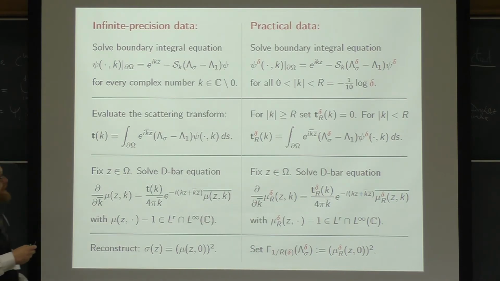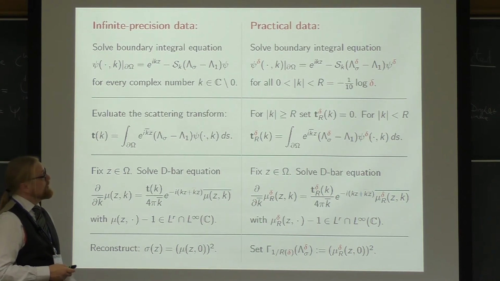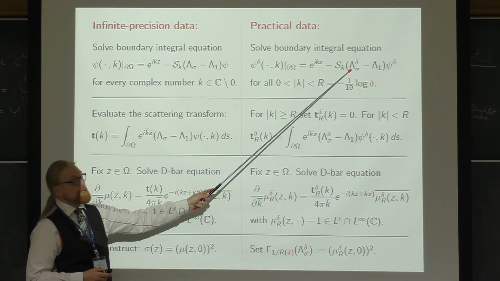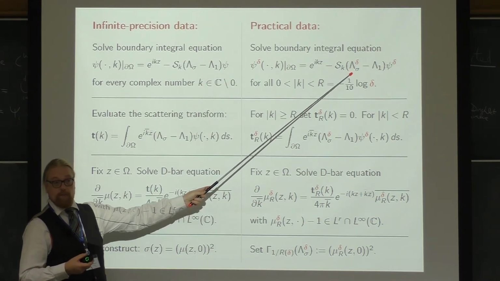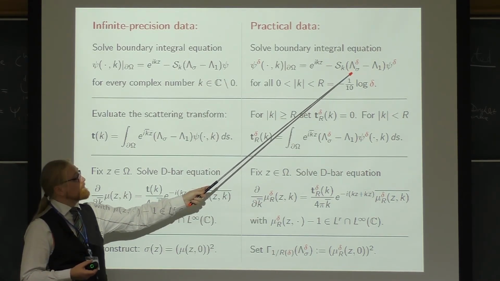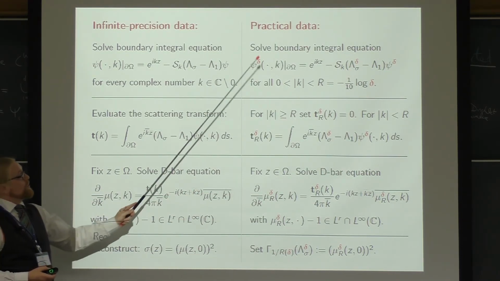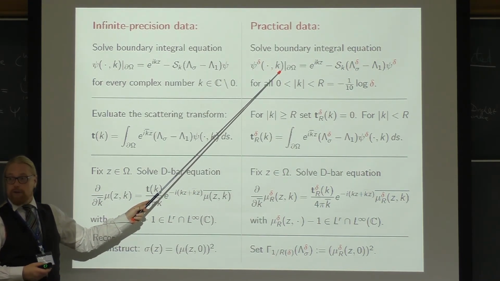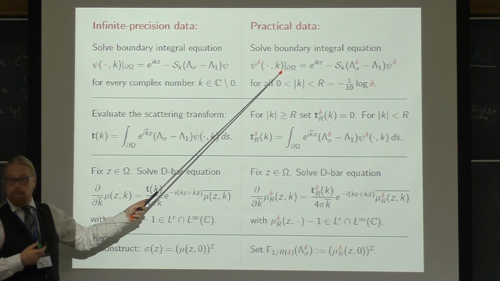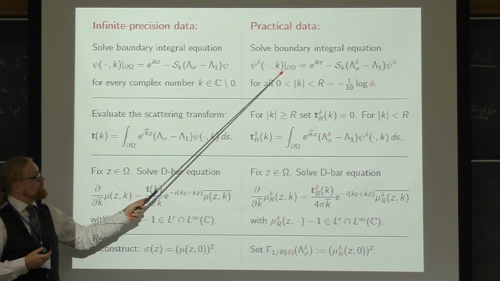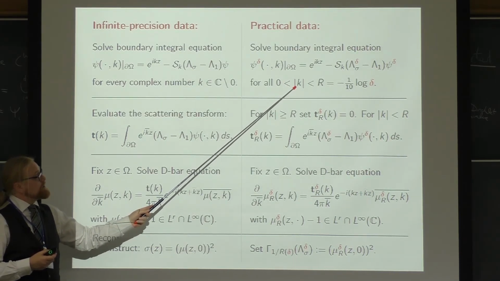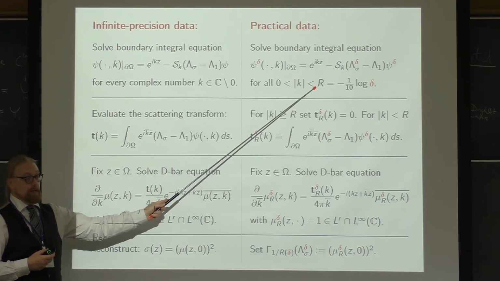But then, when the data is noisy, the noisy data is not even a Dirichlet-Neumann map of any conductivity. So in our paper, we had to show that this boundary integral equation is still solvable, but not for any k anymore. It's for non-zero k, but smaller than some radius.